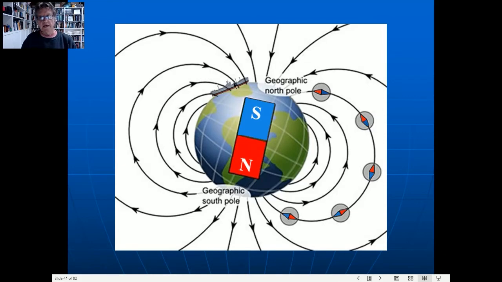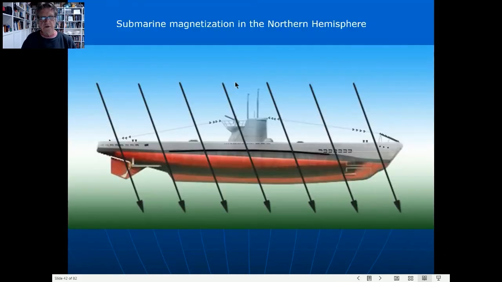So in this diagram, the next diagram I'll show you, can you imagine they're the field lines, the Earth's magnetic field lines going through a ship. In this case I've just got a submarine, and the field lines are in that direction, pointing towards the magnetic north of the Earth. But I've just got this on the horizontal now.